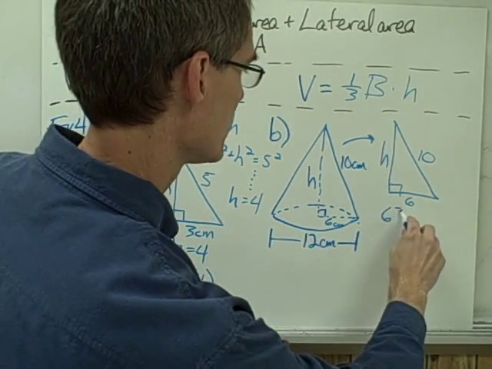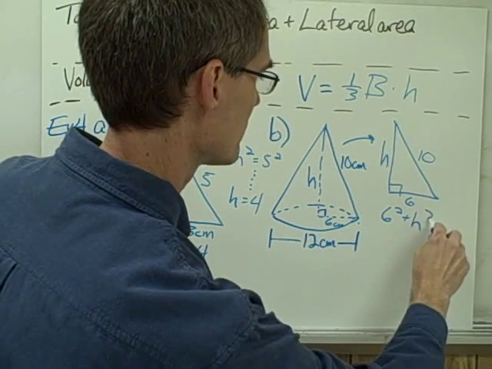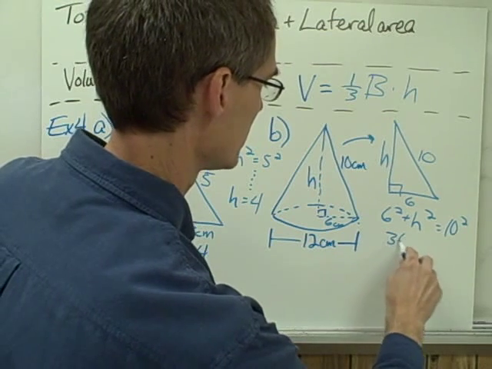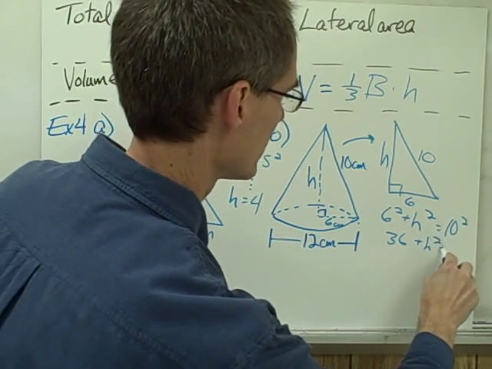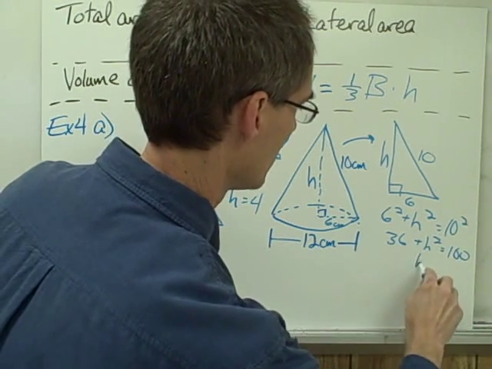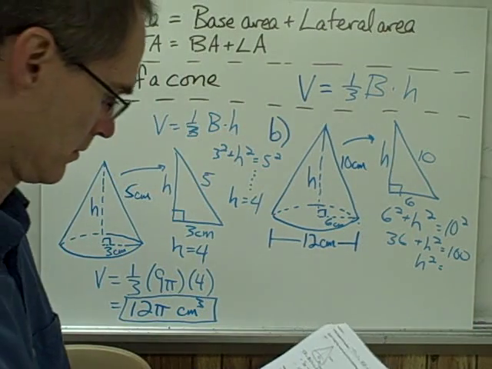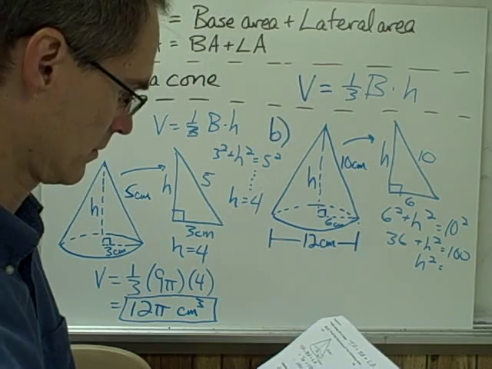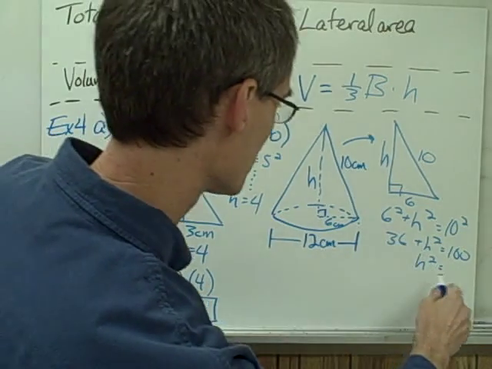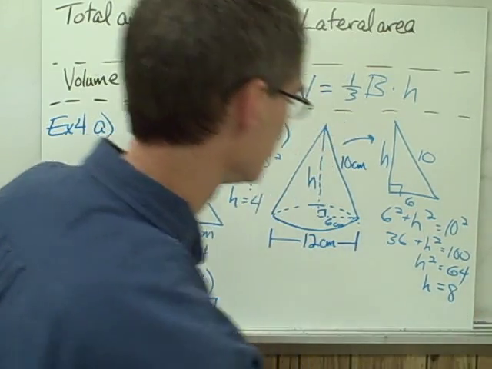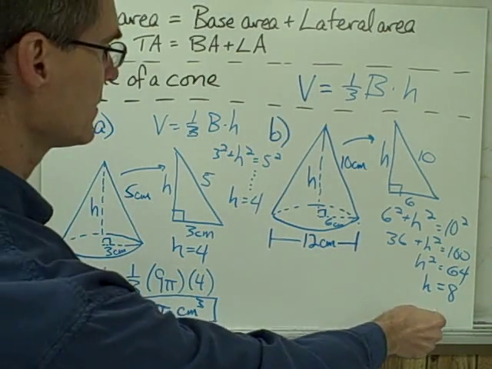So 6 squared plus h squared equals 10 squared. That's 36 plus h squared is 100. H squared is 100 minus 36, which is 64. So h is 8.